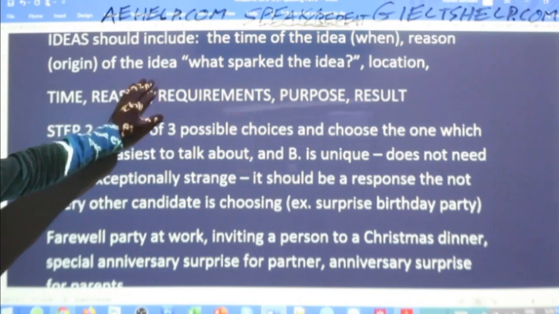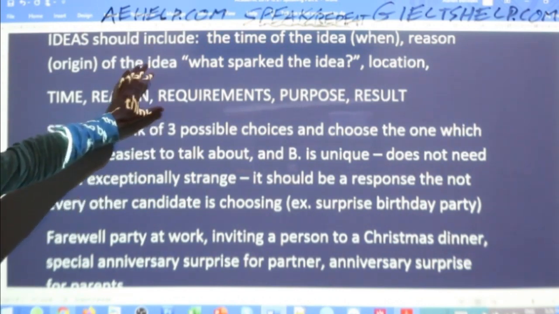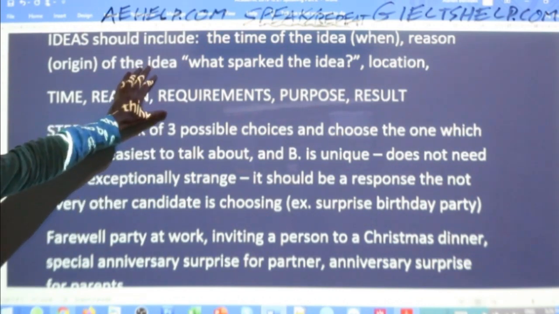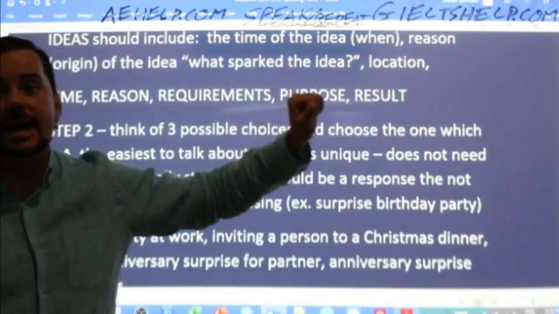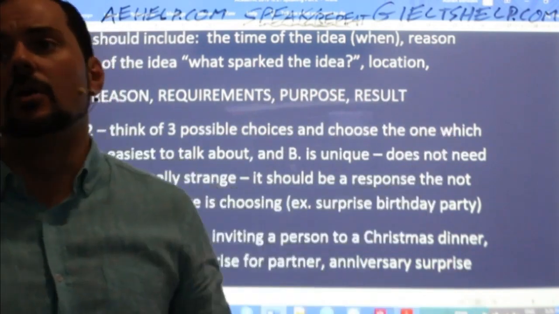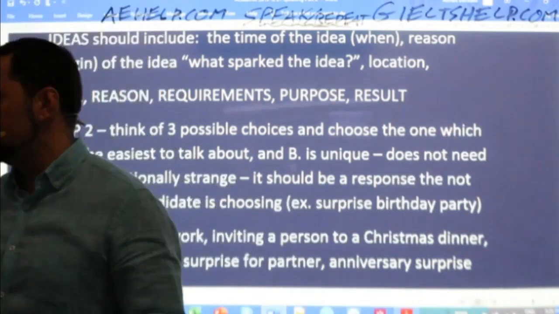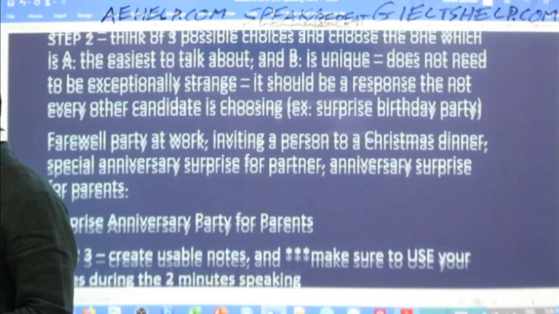If you keep thinking about these, like requirements, what do I need? Well, obviously I need money to pay for the restaurant, to pay for that tour, pay for the invitations, and so on. Okay. Results, we haven't talked about that yet. Okay. So all of those points are very, very important to include.